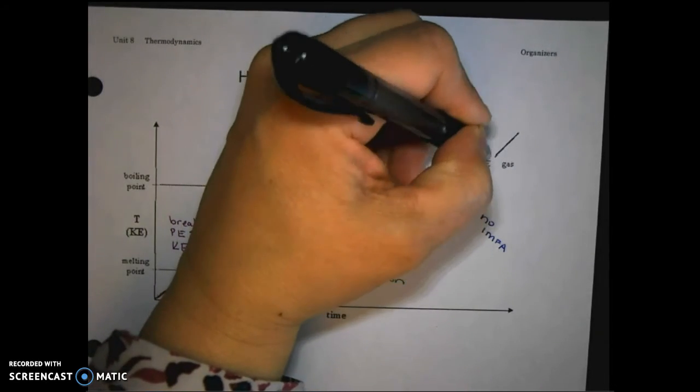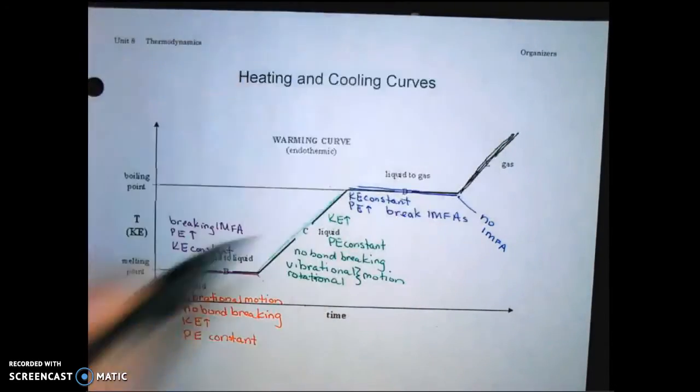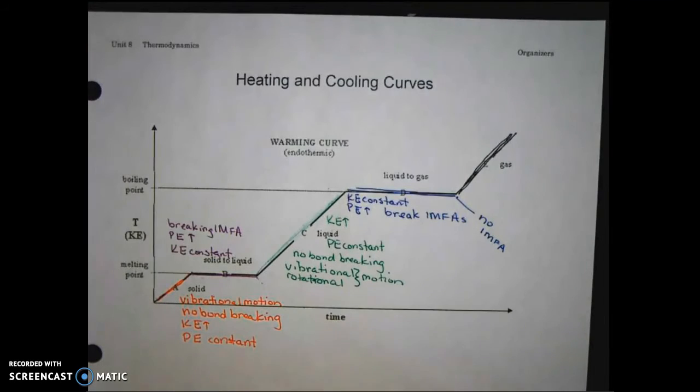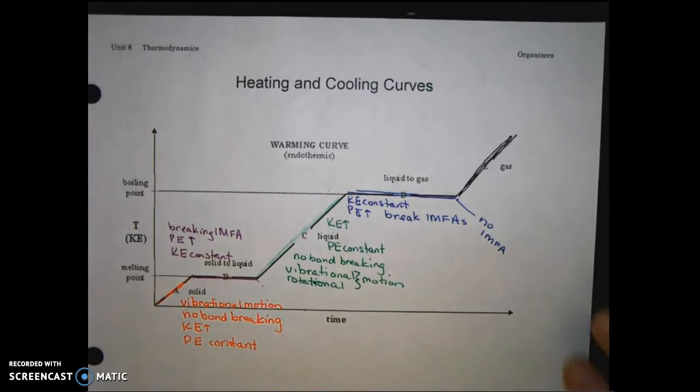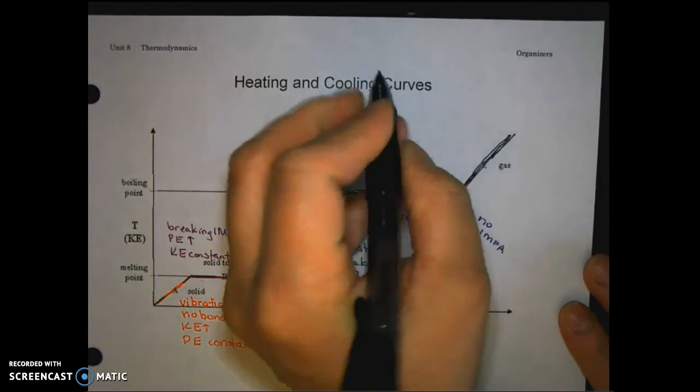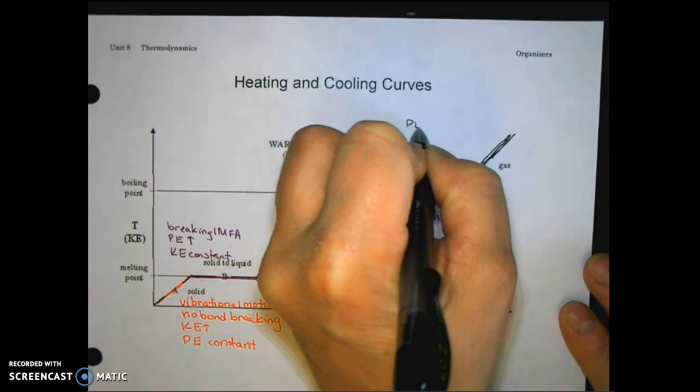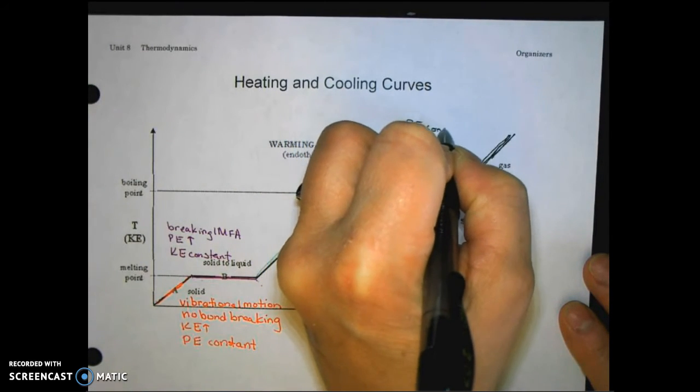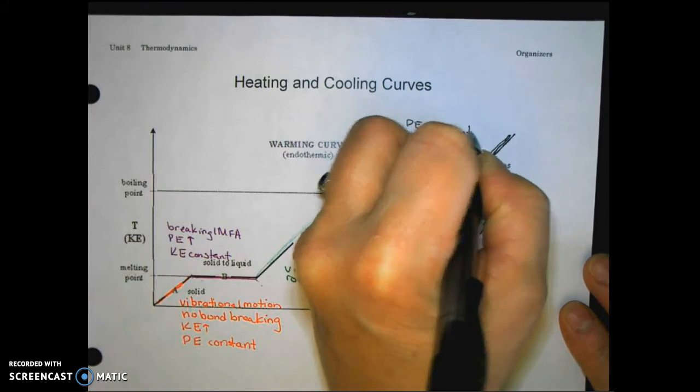So finally we come to this third diagonal. We are in the gaseous state, so we technically could continue to add energy and keep it as a gas, get those molecules moving more and more and more, increase the pressure, increase the volume, all that kind of stuff that you learned in the last unit with gases. But once again, let's keep everything consistent. So now all the IMFAs are broken. Potential energy is constant because we're not changing any IMFAs.